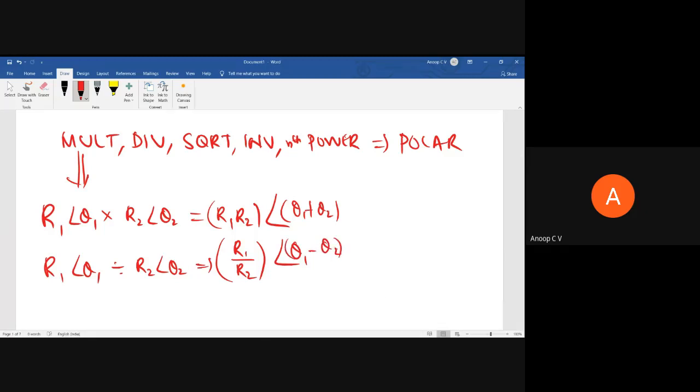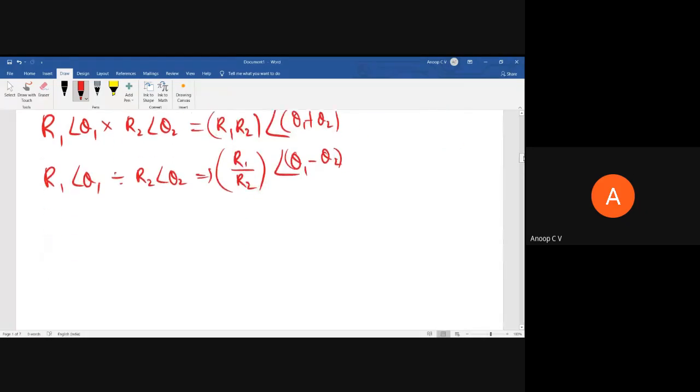Okay. And similarly, in the expression which you have used, there was a multiplication and a square root. So what will be the square root of r angle theta? The magnitude will be the square root of the magnitude, and the phase will be theta by 2.